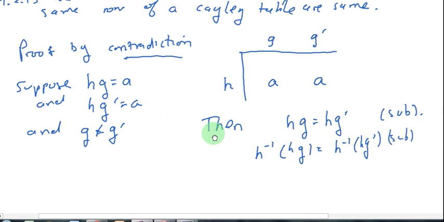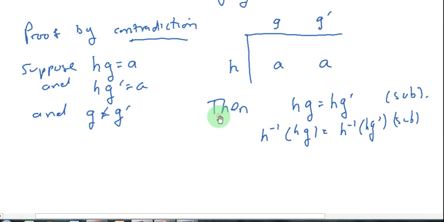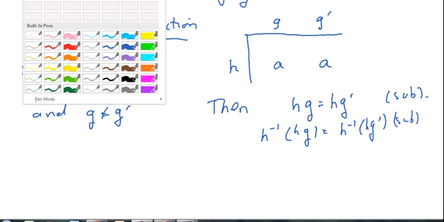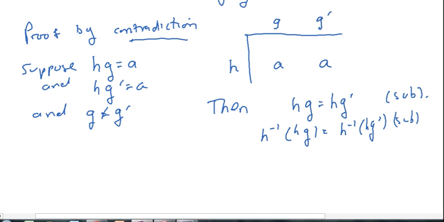Now from here, it should be pretty clear what the strategy is. We want to cancel the H inverse with the H. In order to do that, we need to reassociate. All right? So that would give us H inverse H times G is equal to H inverse H times G prime. And that's the associative property.